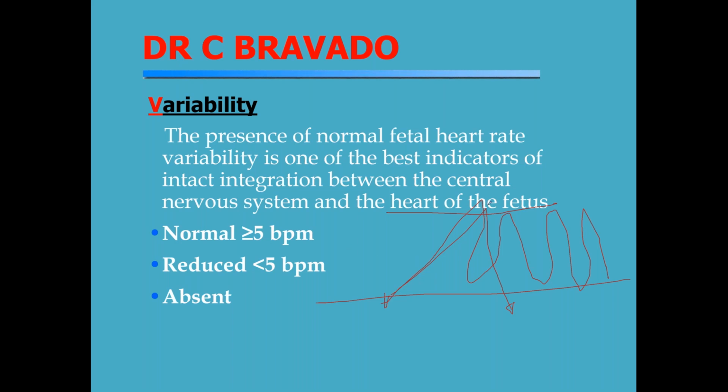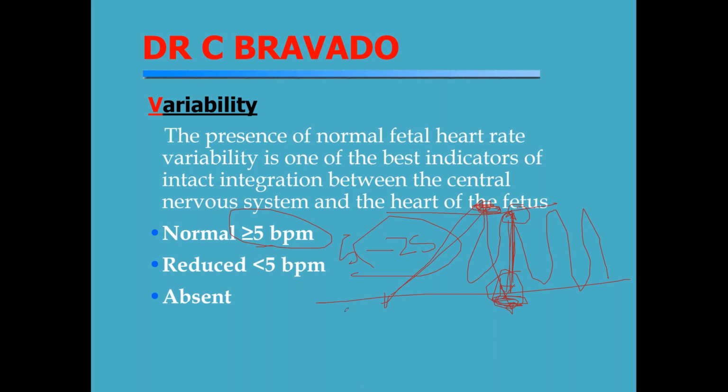We select the highest point of the baseline heart rate and the lowest point, and measure the distance between the upper and the lower. This is the beat to beat variability. Normally it is 5 or more, up to 25 beats per minute. This is the normal variability.